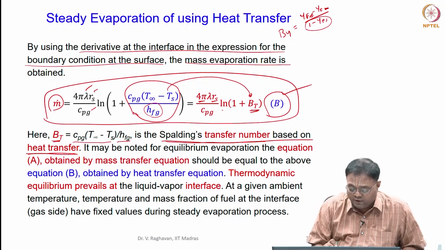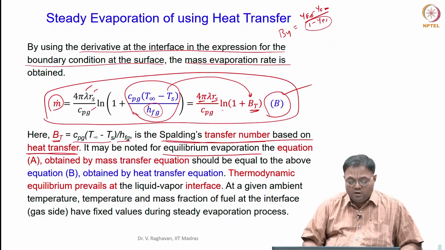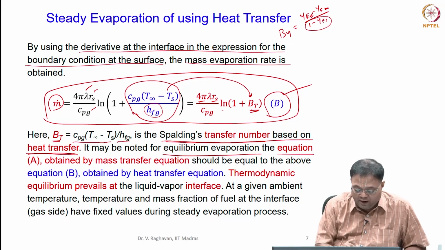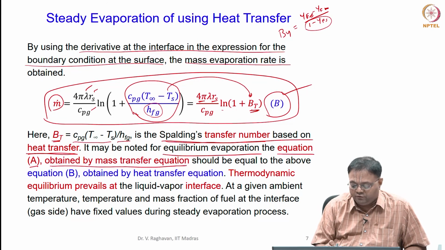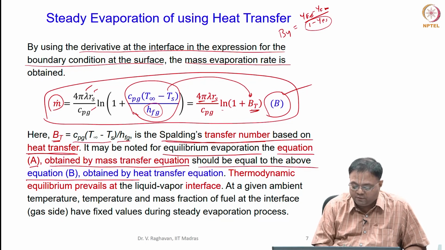So when you want an equilibrium evaporation or steady state evaporation, equation A, obtained from the mass transfer, should be equal to equation B, obtained from the heat transfer.